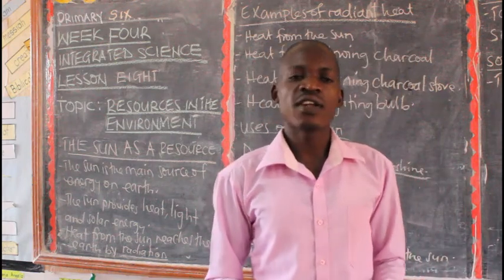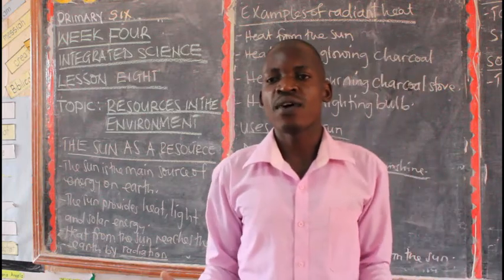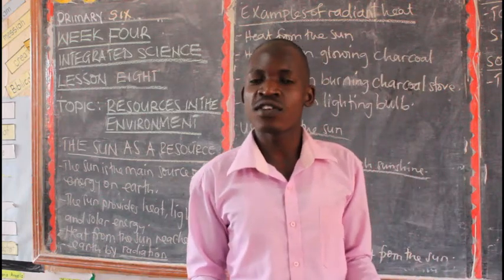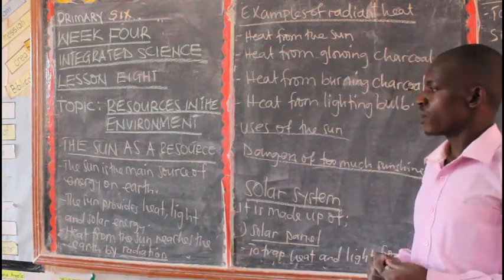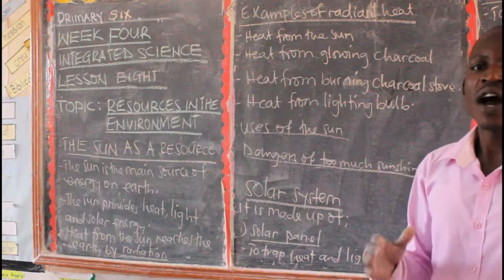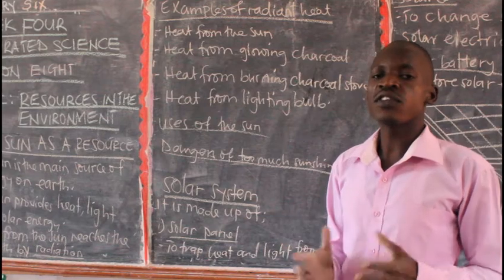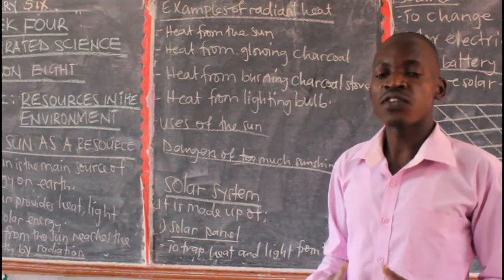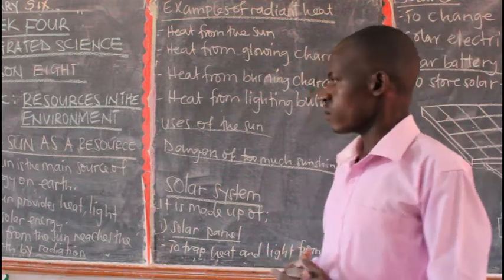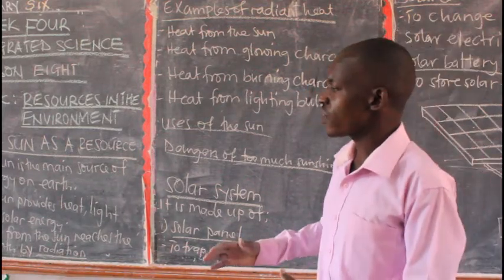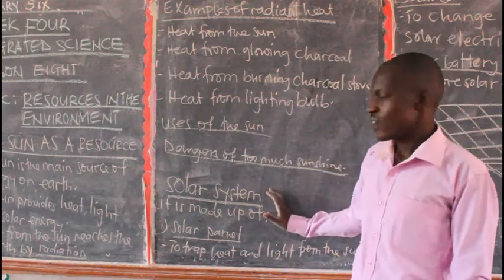You have heard about seasonal lakes and seasonal rivers, which dry up during dry season, and people have starvation of water. So too much sunshine is not good in the environment. Too much sunshine also dries up pasture for animals. The grass dries up in dry season, and animals will have no pasture to feed on, and they end up starving and dying.